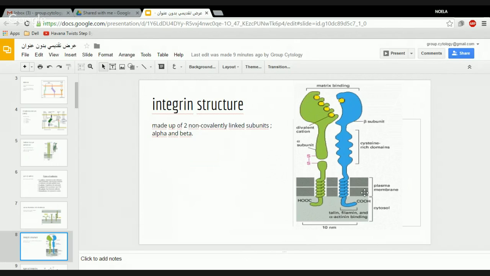Integrins are the principal receptors in animal cells for binding extracellular matrix proteins, and they bind their ligands with low affinity to prevent cells from becoming irreversibly glued to the matrix and unable to move.